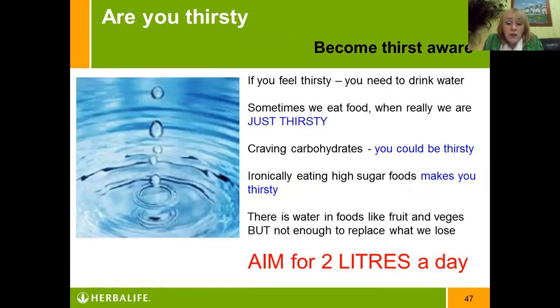There's also water in foods like fruit and vegetables, but it's not enough to replace what we lose.